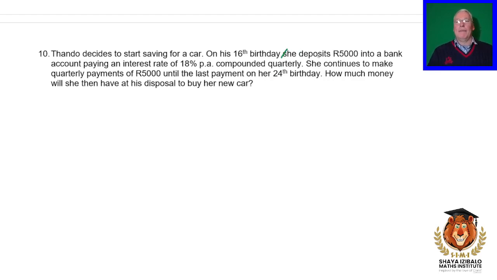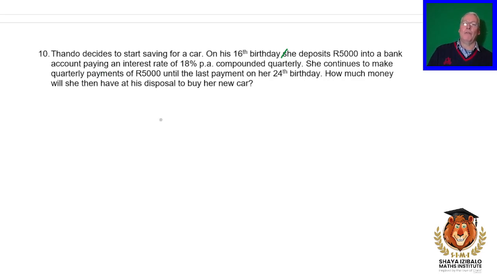Into a bank account. I'm not sure if Thando's a girl's name or a boy's name, so I'm getting confused here, but let's not worry too much about that. So, 16th birthday, 5,000 Rand, and then quarterly payments of 5,000 Rand until the last payment on the 24th birthday.